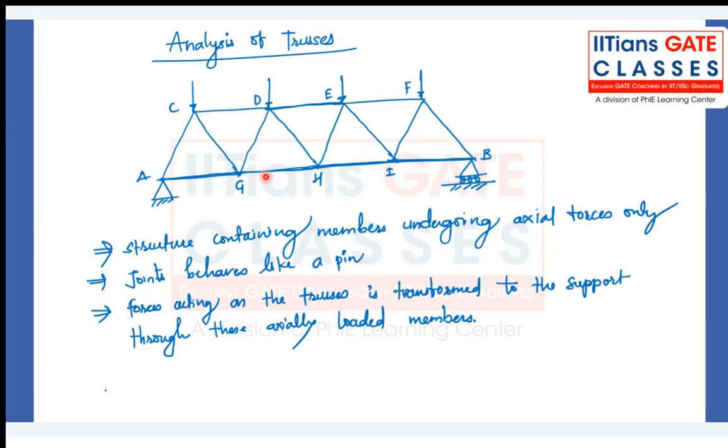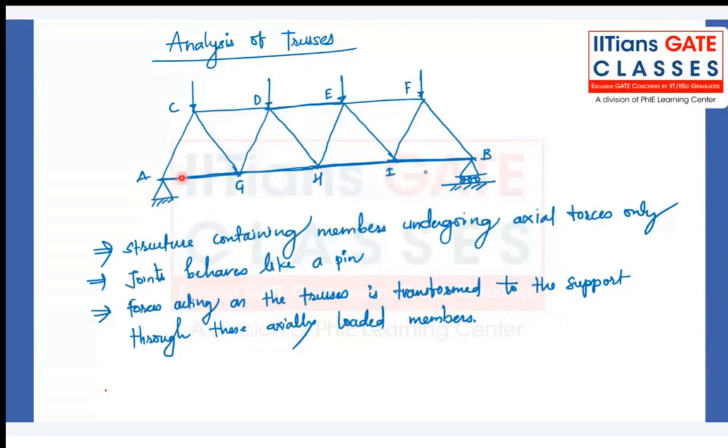The forces acting on this truss, whatever forces we apply on this truss structure, are transferred to the supports. So all these forces applied on the truss structure are carried by the reactions, or the supports which we are providing to this structure.